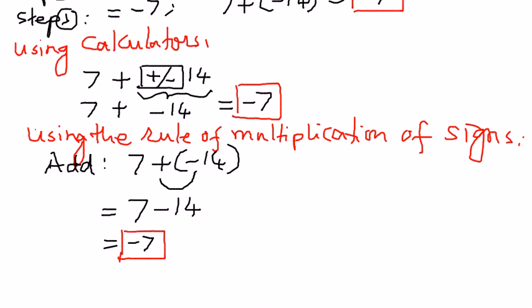You can use the long procedure which we talked about, using the rule of addition. We can use the calculator. We can also use this multiplication of signs process. Multiply the signs. Positive times negative is a negative, and therefore we come up with an answer of negative 7.